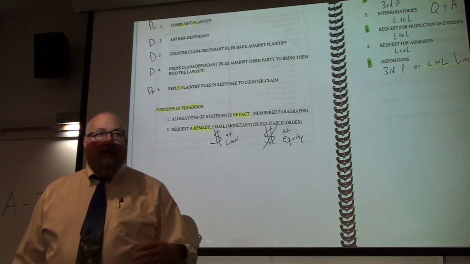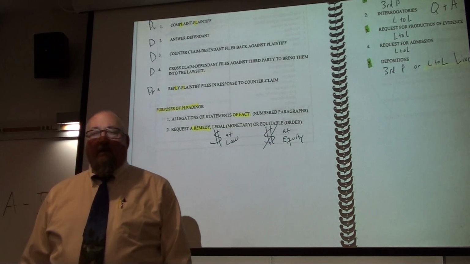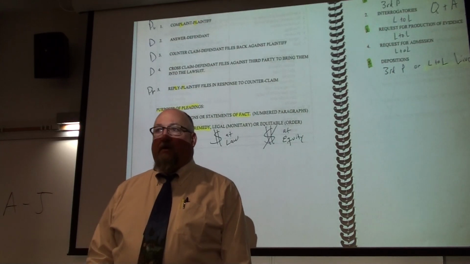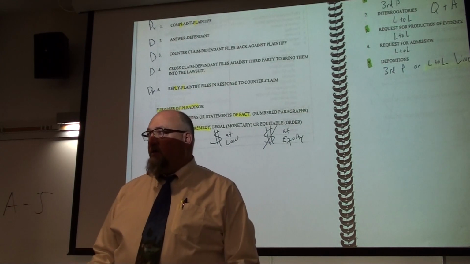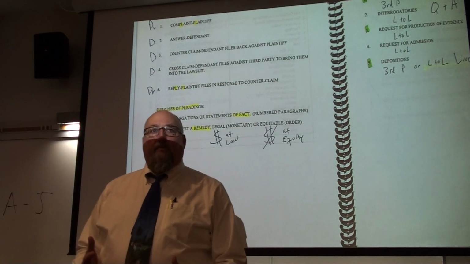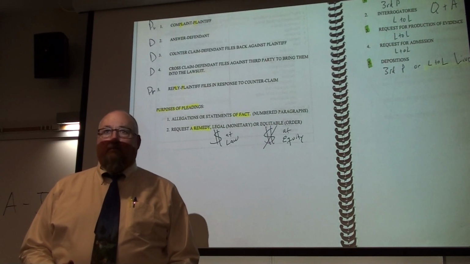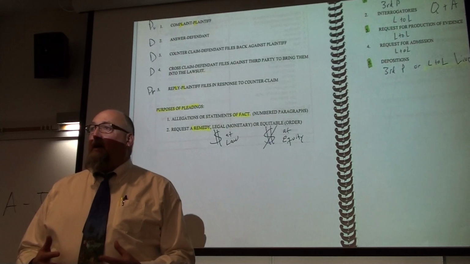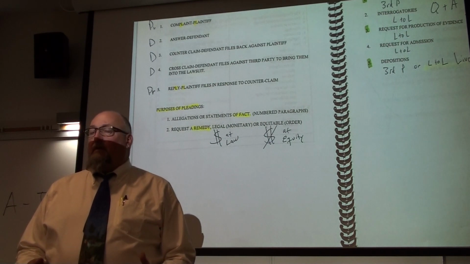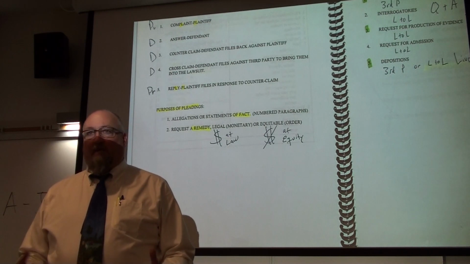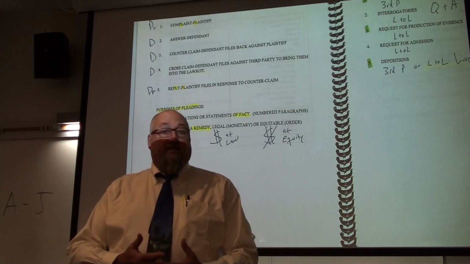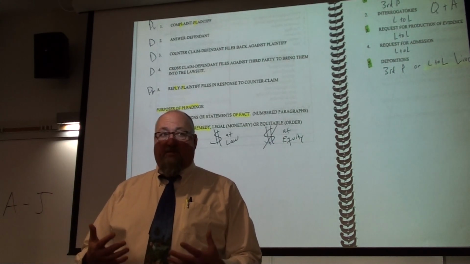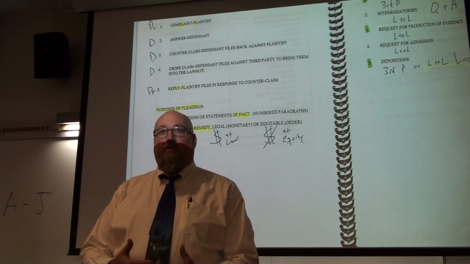So if I just filed a lawsuit and the lawsuit said the insurance company did something wrong, but I don't say what it is, I don't say when it happened or where it occurred, it's not enough information. A judge is going to throw that complaint out because it's not specific enough. Now, you don't go into every single detail. It would be hundreds of pages long. Sometimes complaints are very, very long. I've seen complaints that are close to 100 pages.